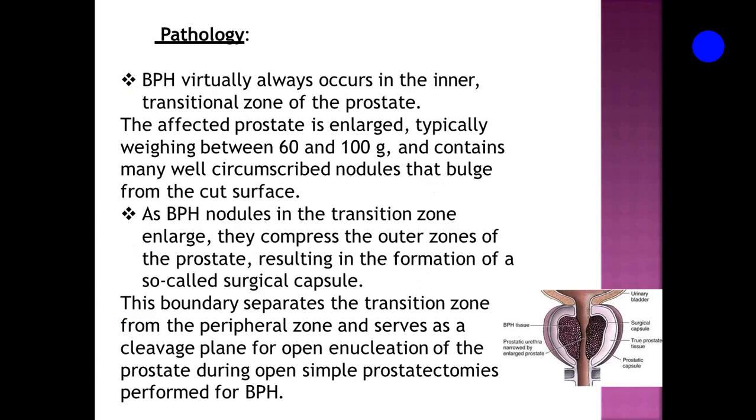The pathophysiology of benign prostatic hyperplasia. Benign prostatic hyperplasia virtually always occurs in the inner transitional zone, as we mentioned, of the prostate. The affected prostate is enlarged, typically weighing between 60 and 100 grams, and contains many well-circumscribed nodules that bulge from the cut surface.